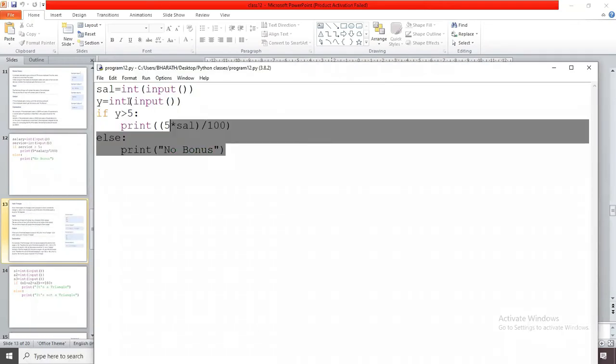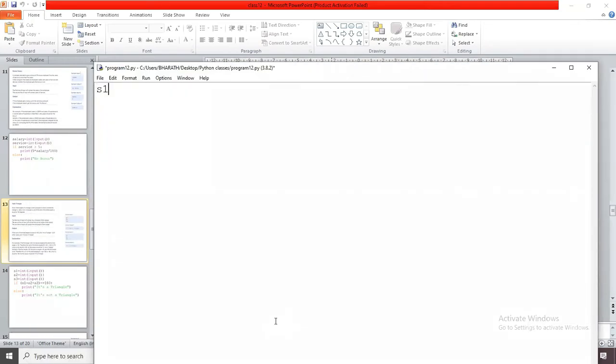Okay, so now we write the program. So three sides, S1 equals int of input, S2, S3. Here you are going to print based on a condition. So if S1 plus S2 plus S3, if the summation of these three is equal to 180, then you are going to print a message.